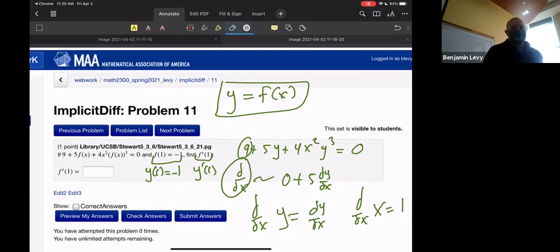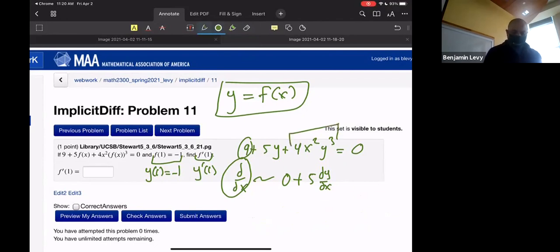So the next one, 4x squared y cubed, so 8x. So this is a product rule, because we have an x squared multiplying something that is a function of x.